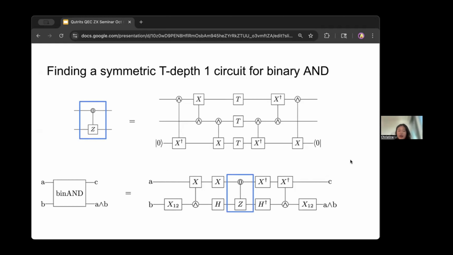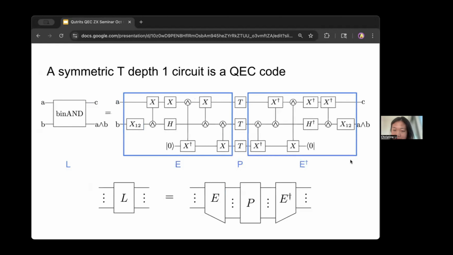As I was talking about earlier, we only found the symmetric circuit for the AND gate. It has this ket zero controlled Z in the middle, so we can combine these circuits and get an overall symmetric T-depth 1 circuit for the AND gate.